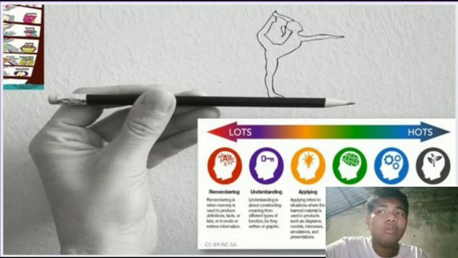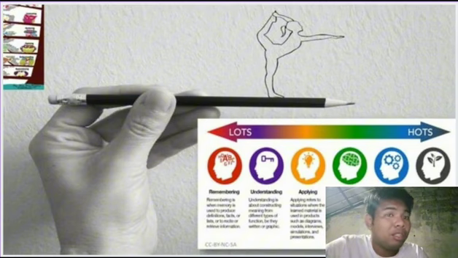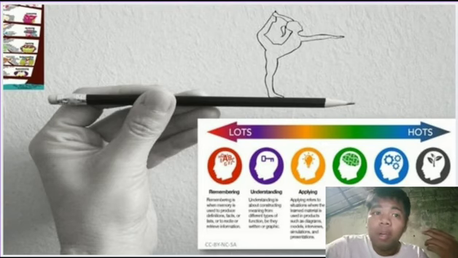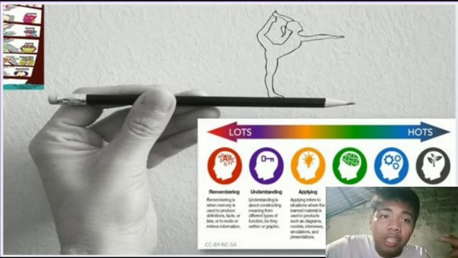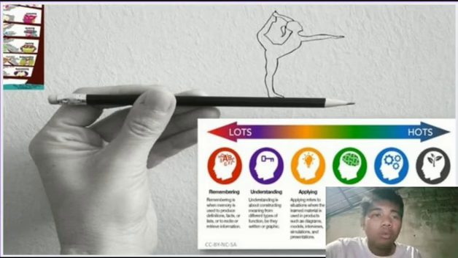And the last one of this is creating. We say that creating is easy because we just create what's on our mind. But in Bloom's taxonomy, creating is a higher order thinking skill because you need to develop your thinking as well. You need to focus on your ideas.